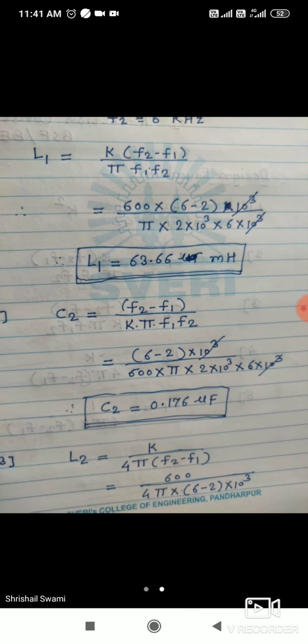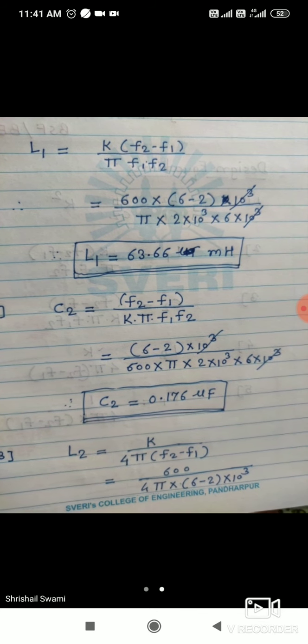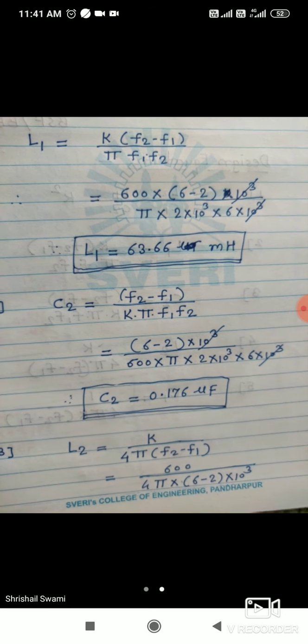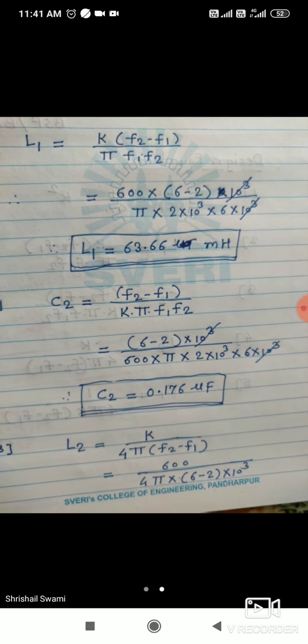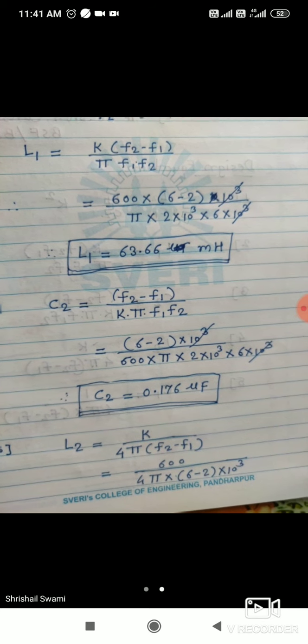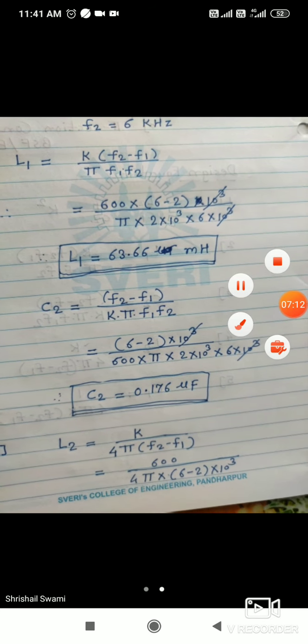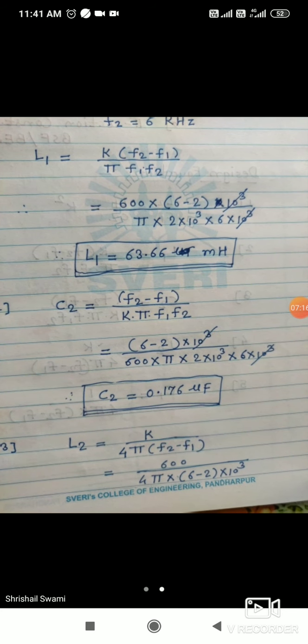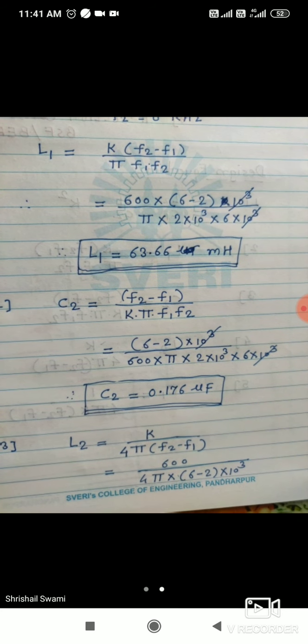Simply put the values and get the answer. So the C2 answer will be 0.176 microfarad. C2 is equal to 0.176 microfarad.